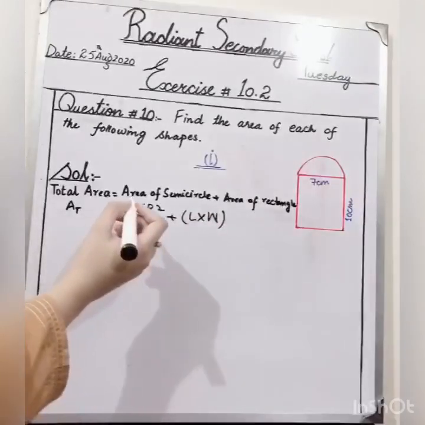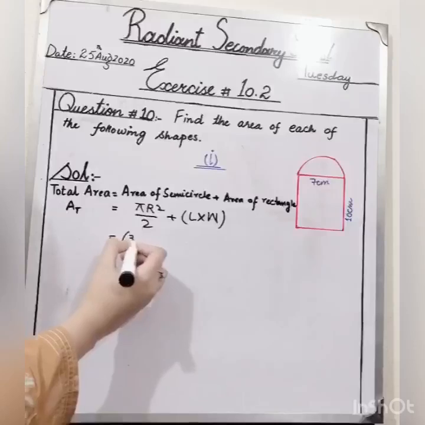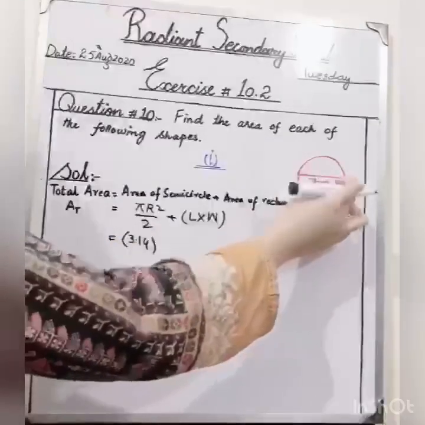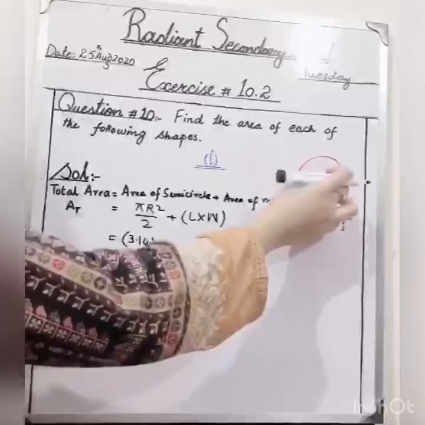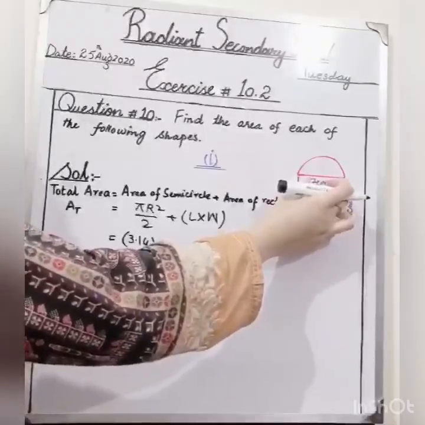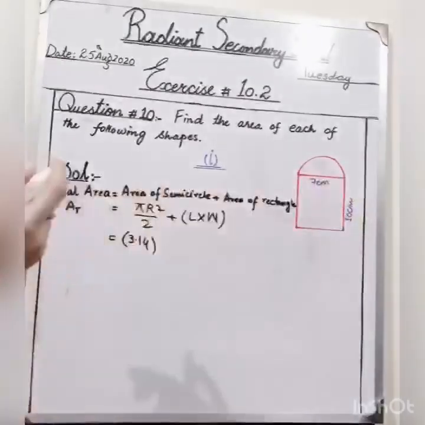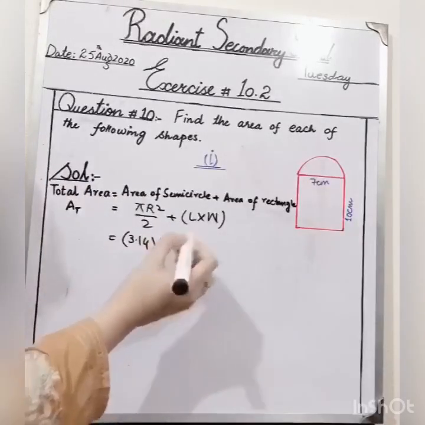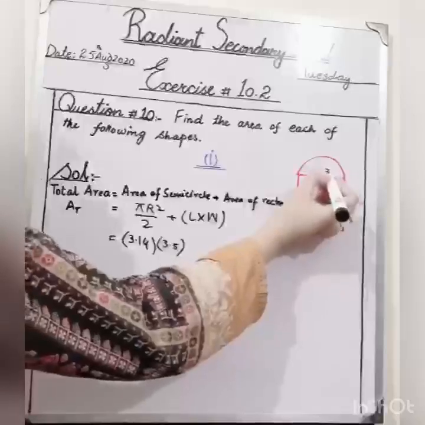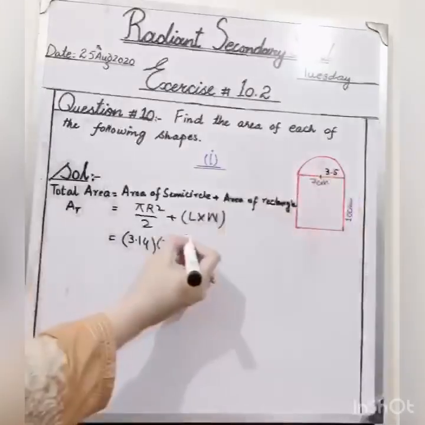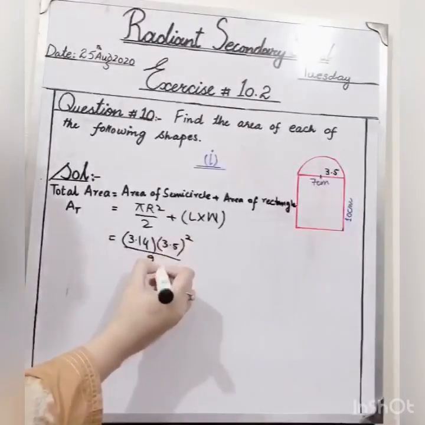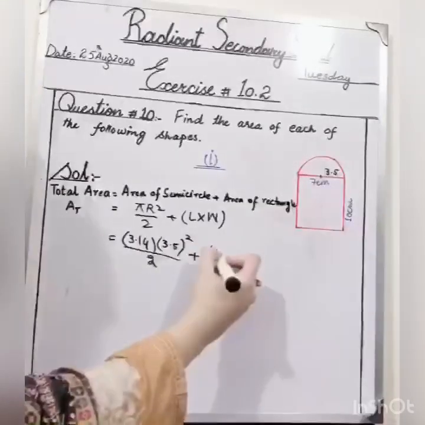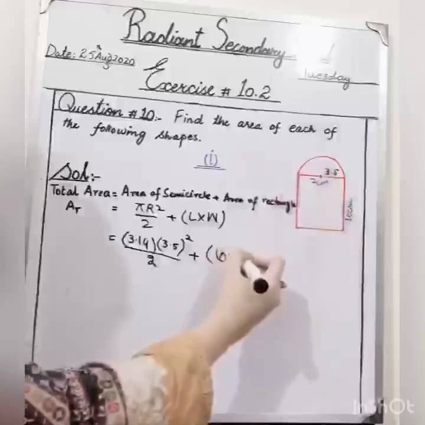The value of pi is 3.14 into, here the total length is 7 centimeter, and when you half this length it will be its radius, and half of 7 is 3.5. So here the radius is 3.5. Its half length is 3.5 square divided upon 2 plus length is 10 into width is 7.